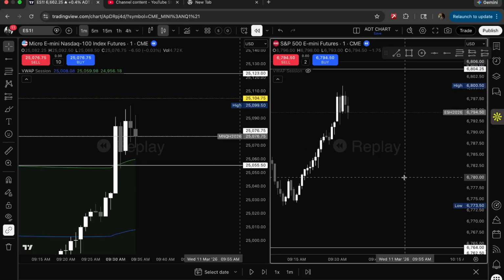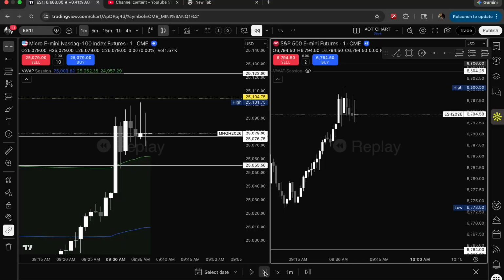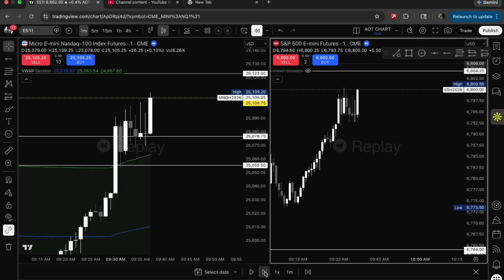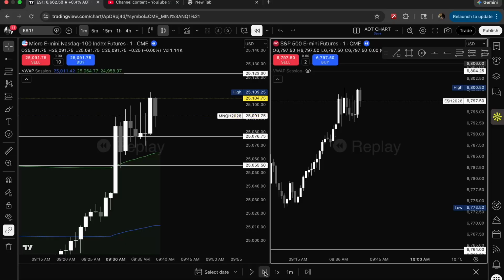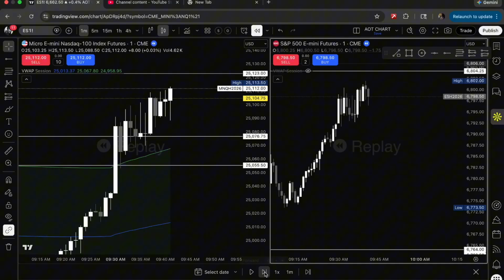All right, so we got 2, 3, 4. We're just chopping around right now. Okay, we get delivery. This bearish SMT not holding.